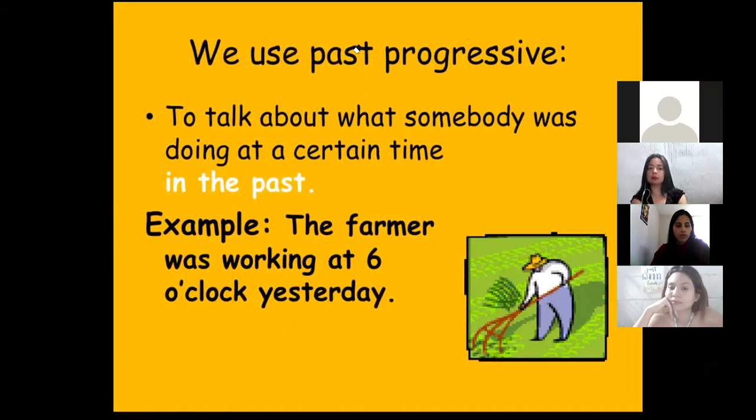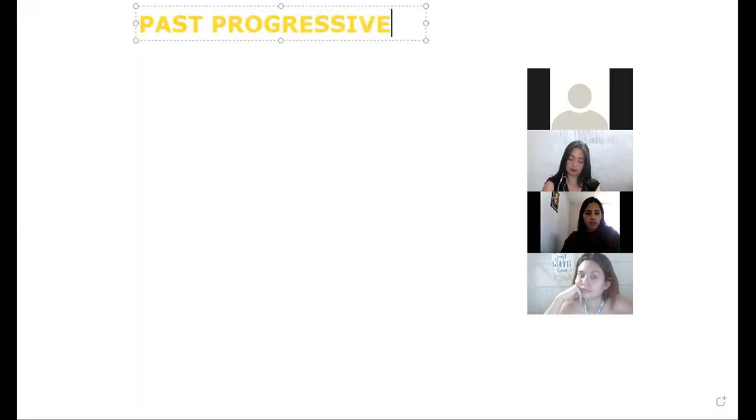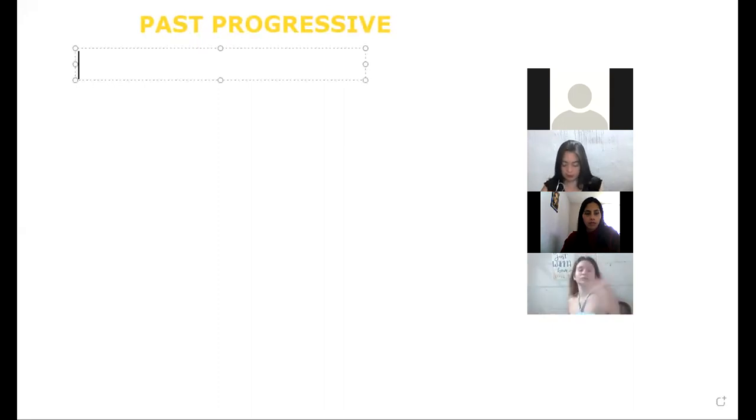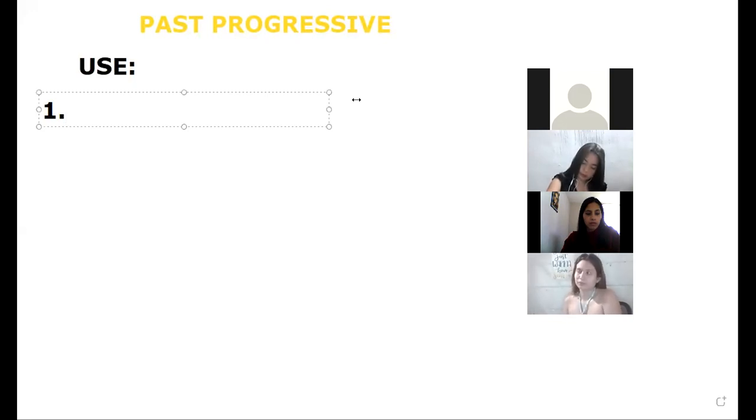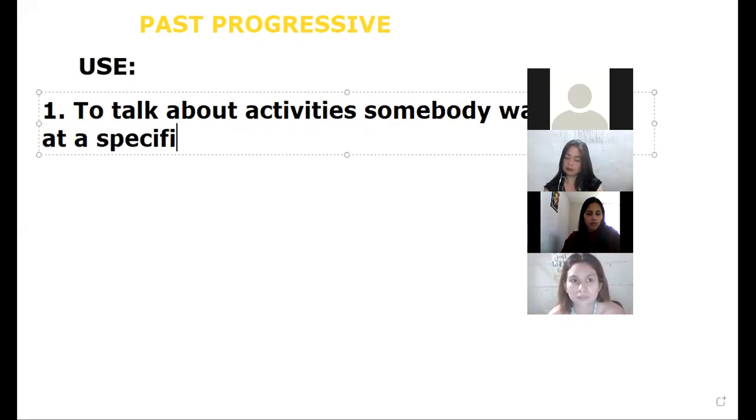Okay, very good. So I'm going to write it here. Past progressive, use number 1: to talk about activities somebody was doing at a specific moment in past.